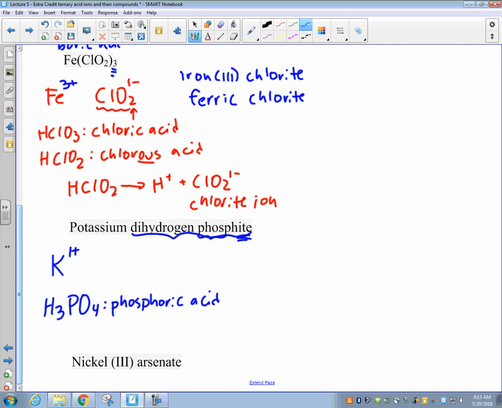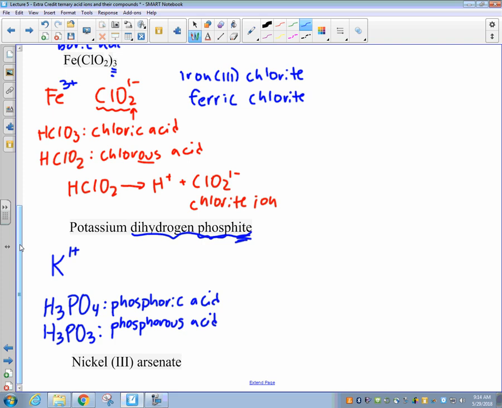We have the suffix ite. Ite ions come from ous acids, which means this must have been derived from phosphorous acid. And ous acids have 1 fewer oxygen than the parent, according to our ternary acid naming conventions, which means that must therefore have derived from H3PO3.